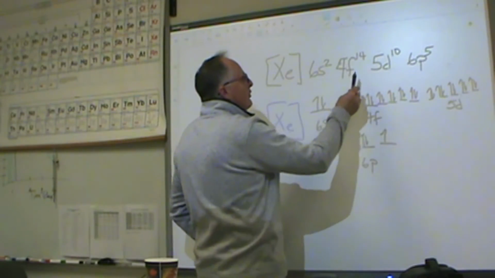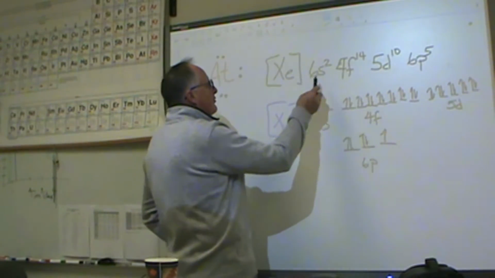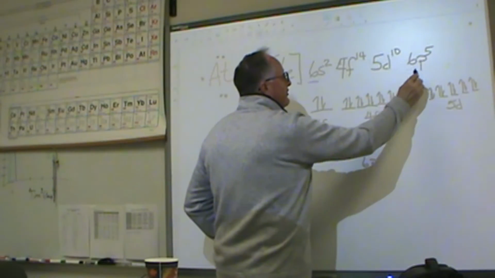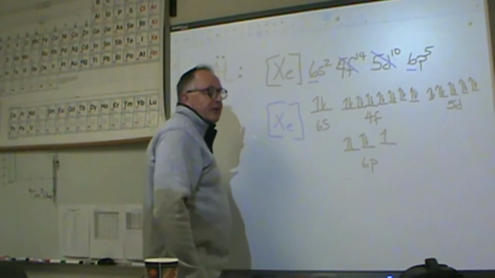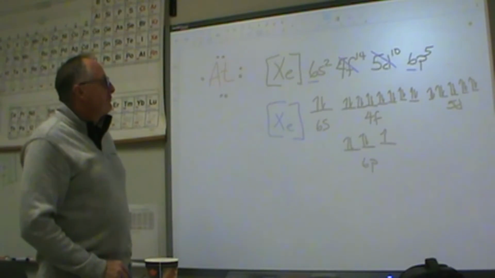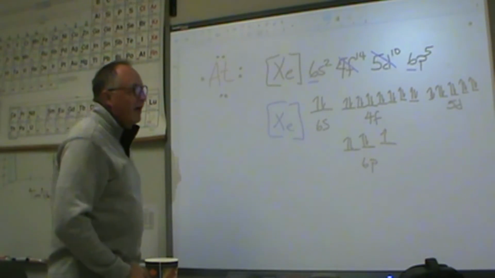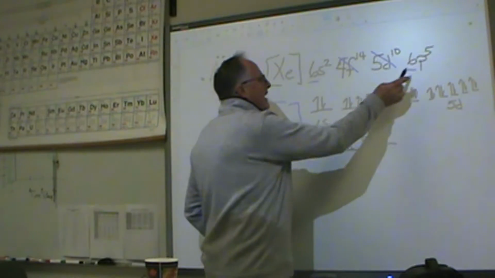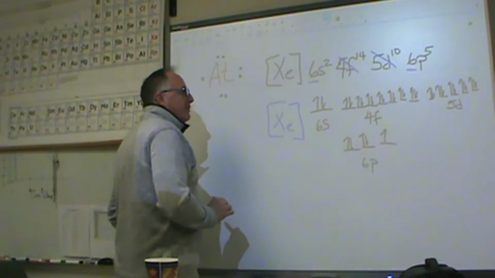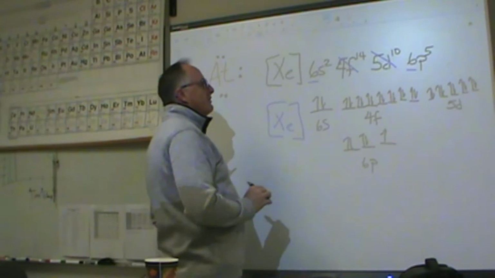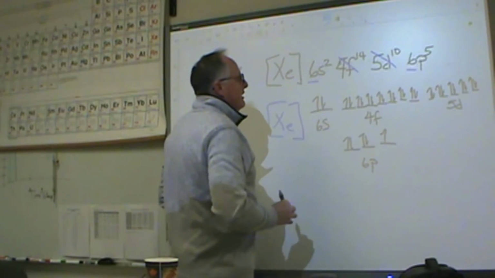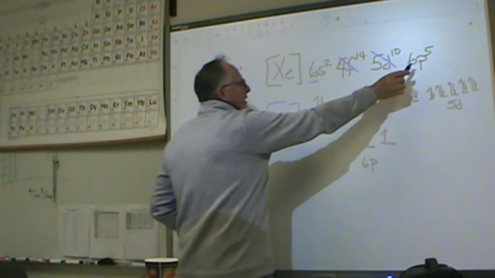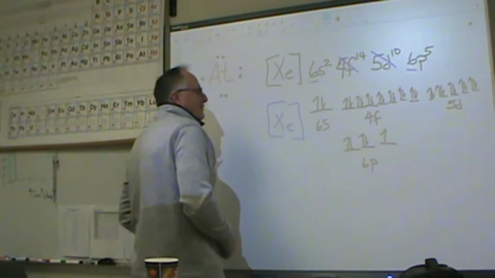Now we're only going to talk about the valence electrons, the ones that have the highest principal energy level, which would be 6. So we aren't going to worry about those. Those are in there. They're important. But as far as finding what's going to happen to the ion, we only look at what are called the representative electrons, the valence electrons, that are the s and the p. So it has 2 and 5, so it has 7, and one's 8.